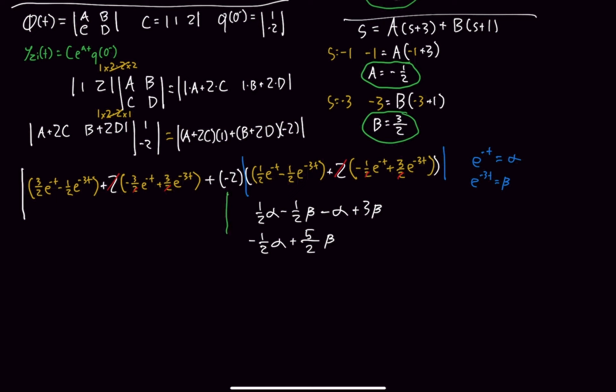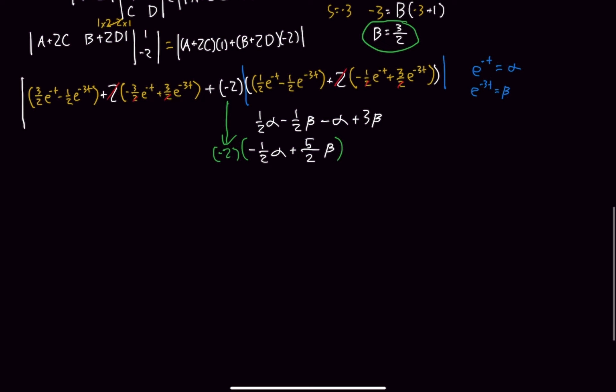Don't forget to bring down and multiply minus 2 by all of this. So we're going to end up with negative alpha plus 5 beta.